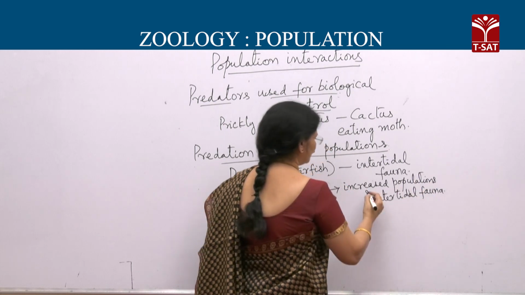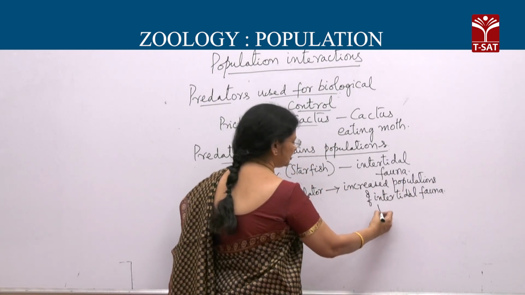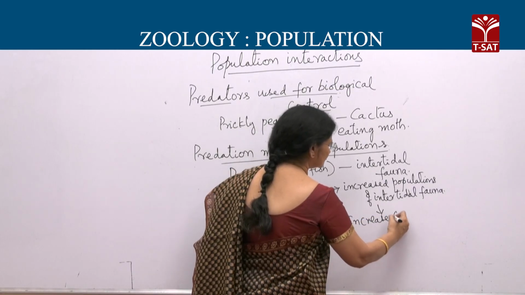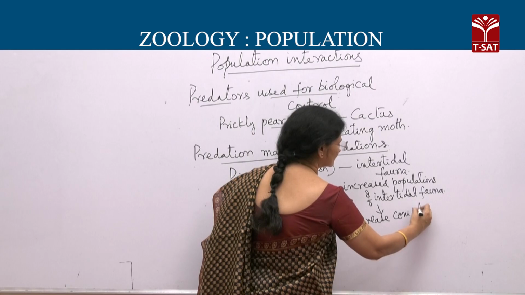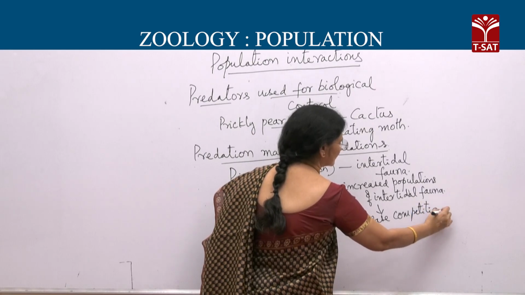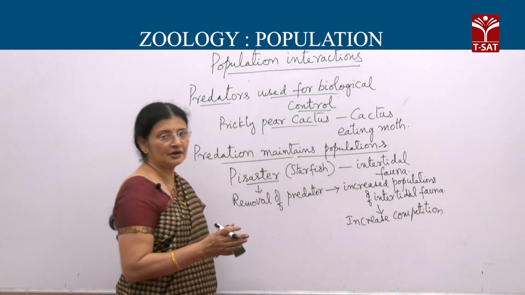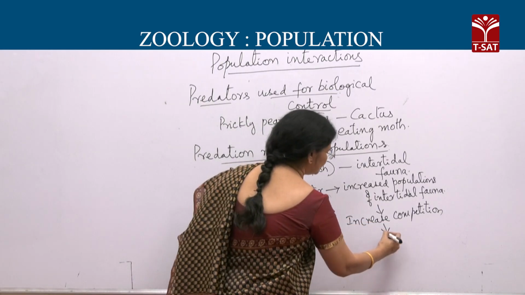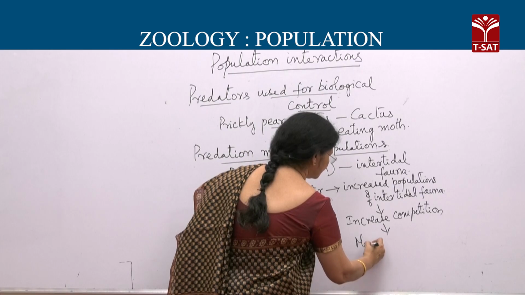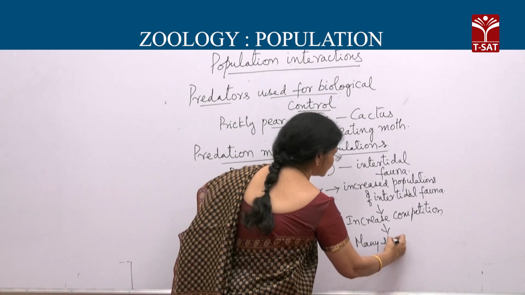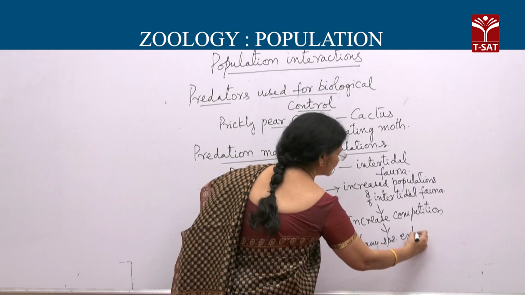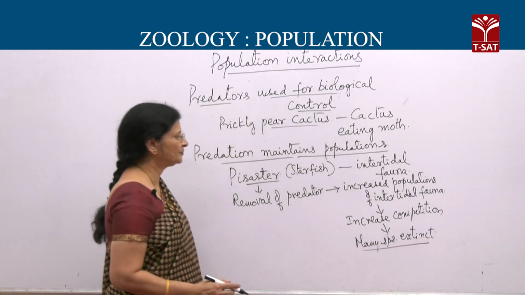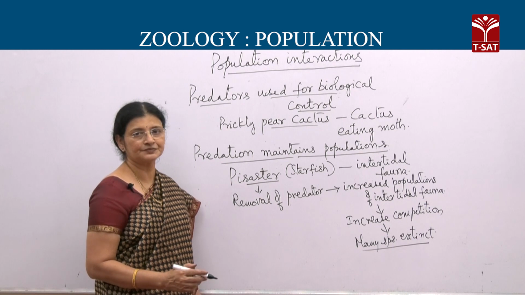When populations increased, it resulted in increased competition. And in some 10 years, they found many of these species of intertidal fauna became extinct.